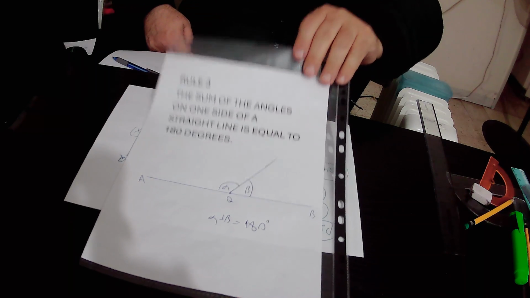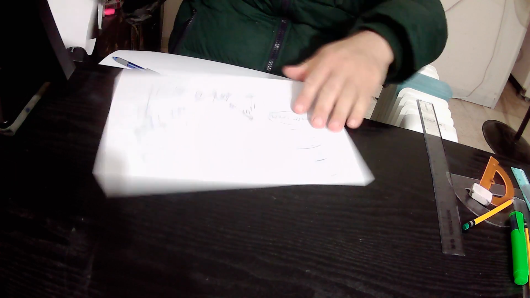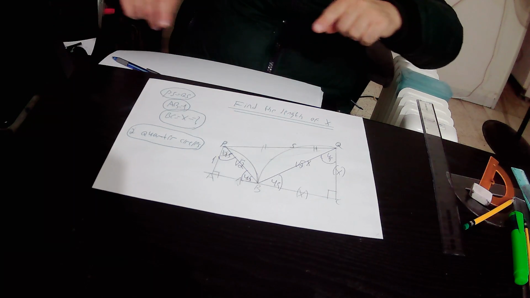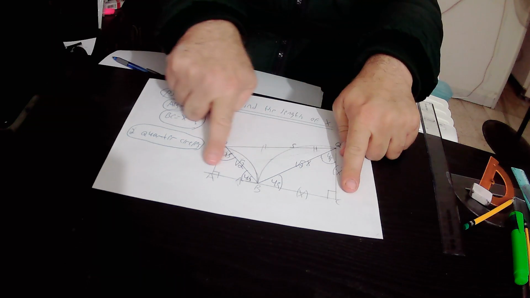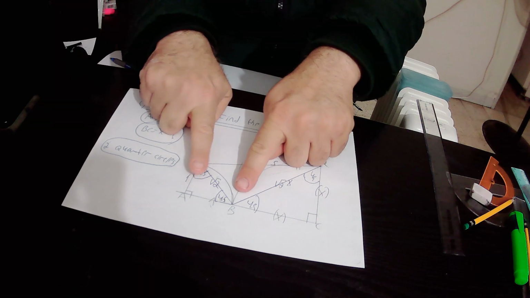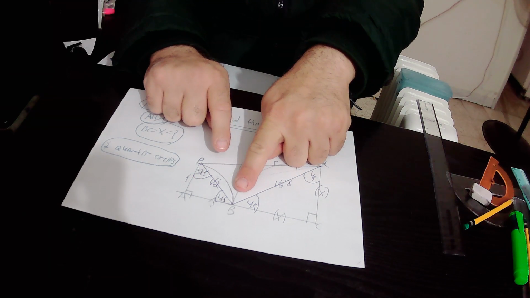We can actually implement rule number 3 in our drawing. Why? Because in our drawing, if we focus on the upper side of the straight line AC at point B, the sum of the angles must be equal to 180 degrees according to rule number 3.